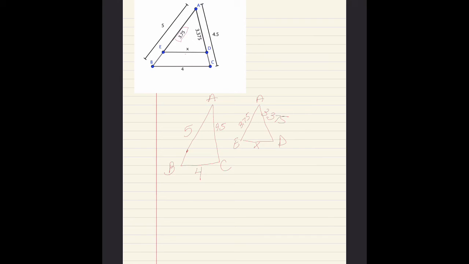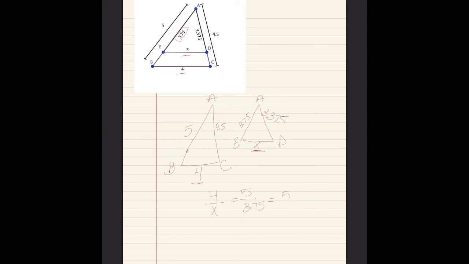So I'm going to choose 2 of my sides to figure out what X is. So we have 4 over x, because these two are in the same spot, right? Same spot. And then we're going to do 5 over 3.75.